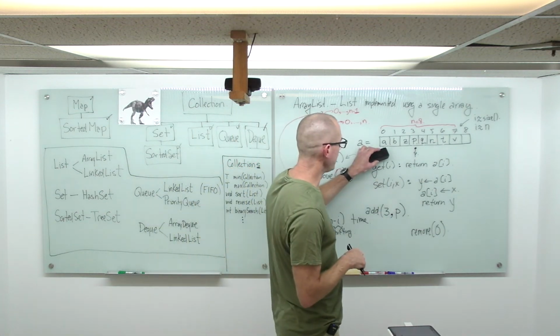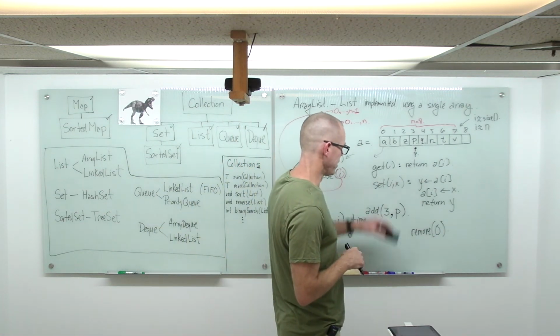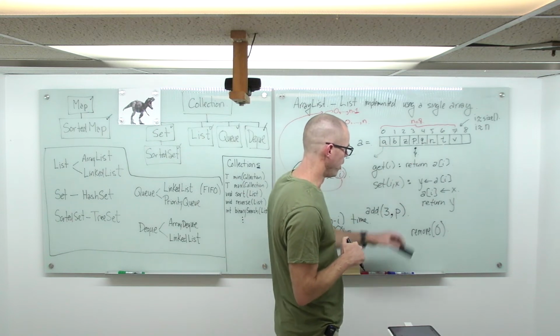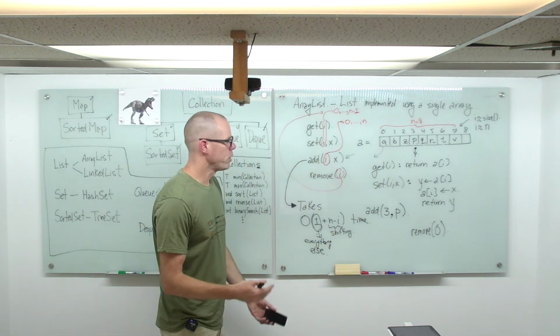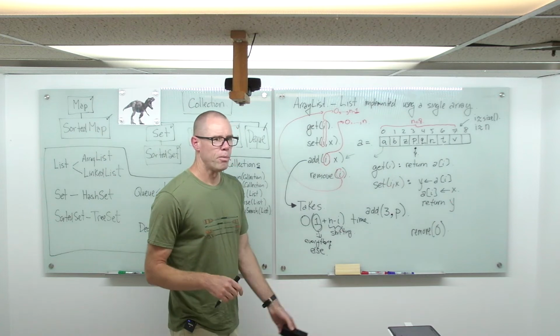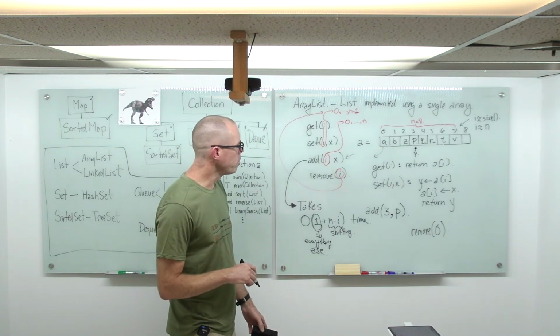And what has to take its place is B, then something has to take B's place, which is Z, and so on. And so the remove operation is implemented exactly the way you would expect it to be.